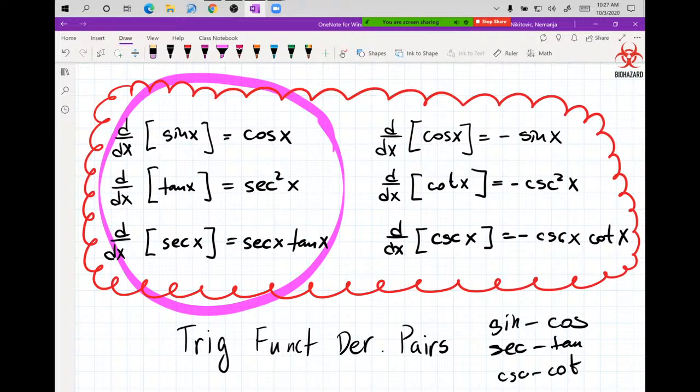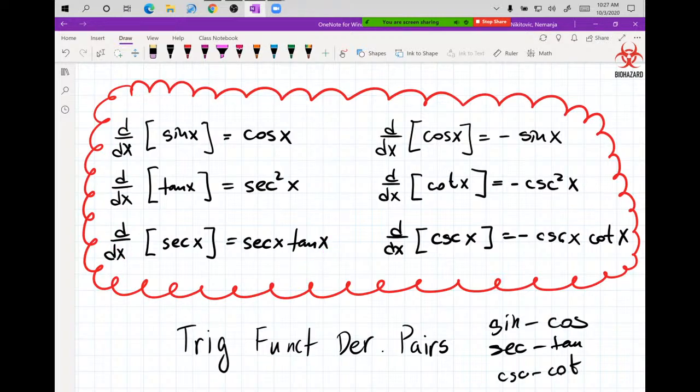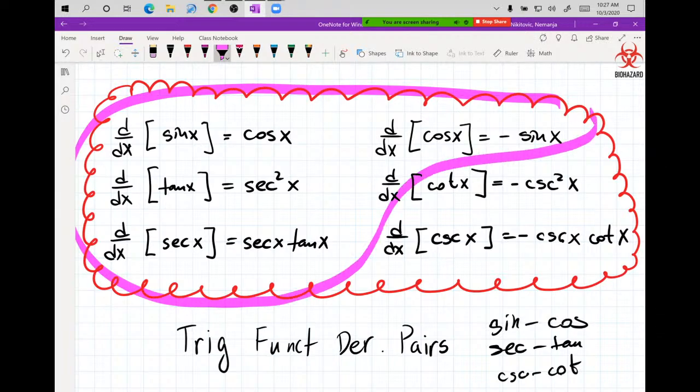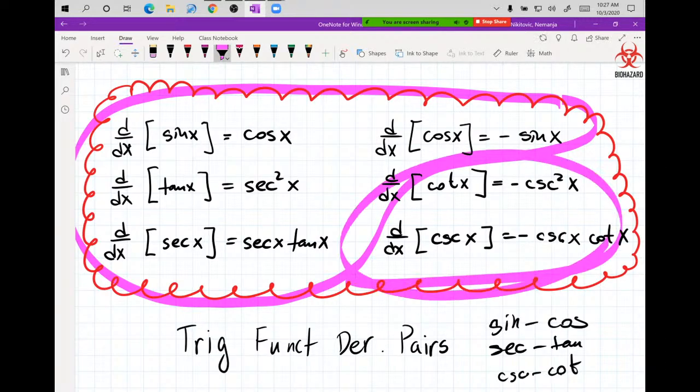Now, you can memorize all 6, it's fine. But when I was in school and learning calculus for the first time, I memorized this much. That was it, because I immediately saw these formulas as modifications of the 2 on the left.